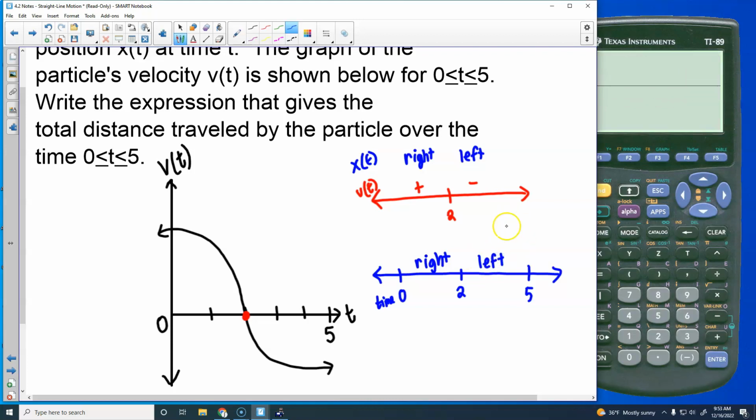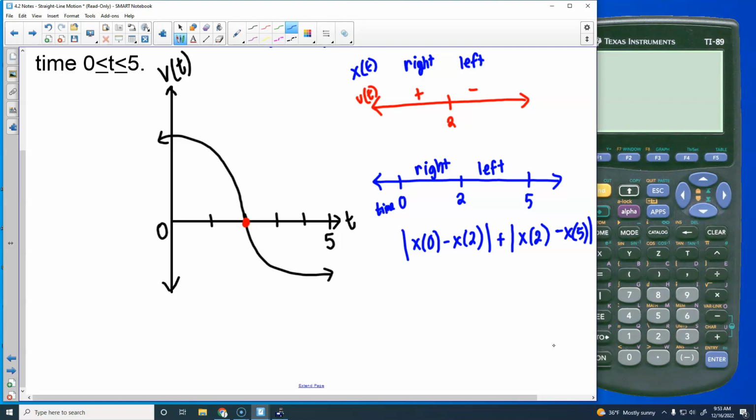So one way that you could write this, some options, is you could say absolute value of x of 0 minus x of 2 plus absolute value of x of 2 minus x of 5. Or you could even switch the order of either one of those inside. So if you're using absolute value bars, you've got a lot of flexibility, because absolute value bars wash away the negatives and make it work, right? So this is an option.